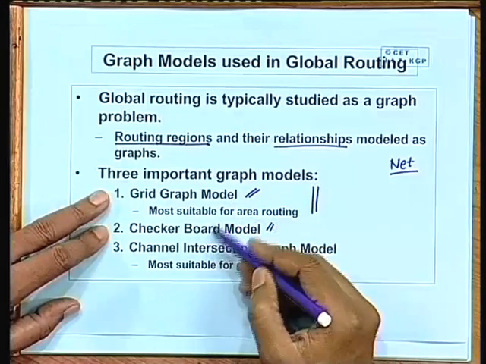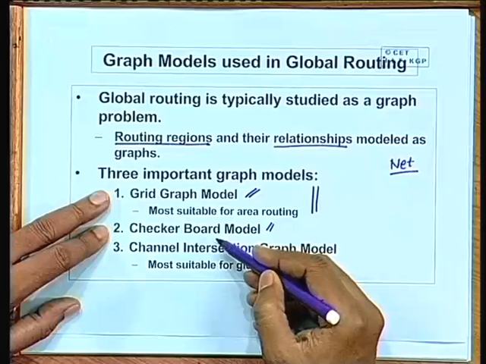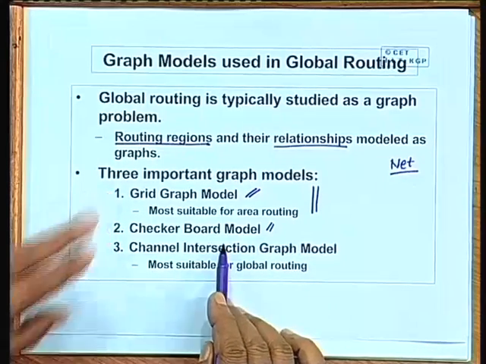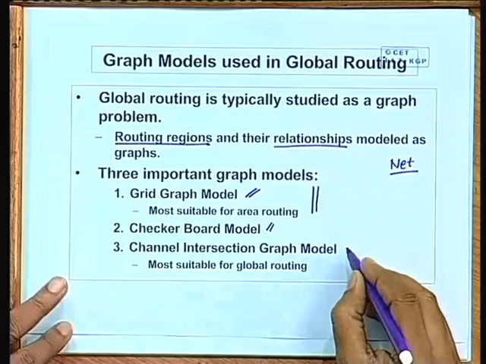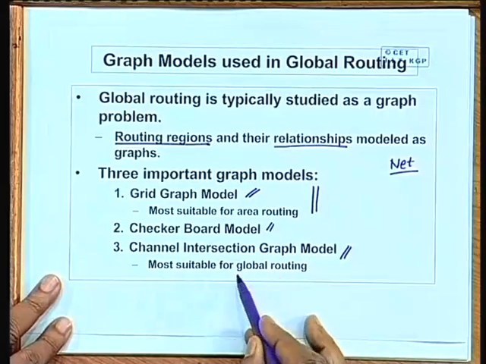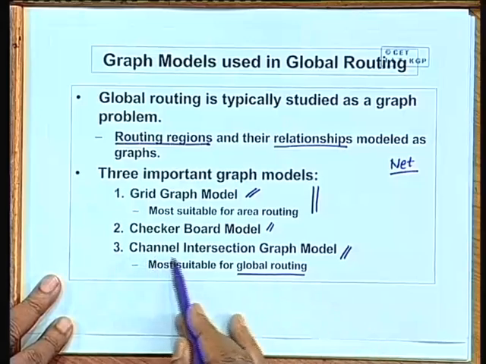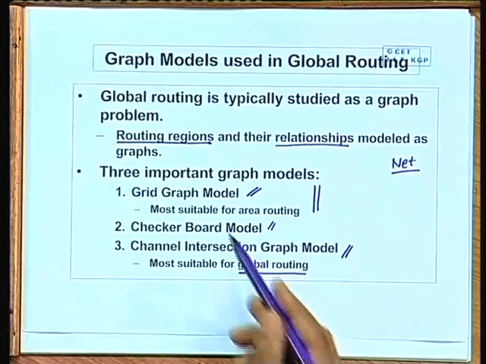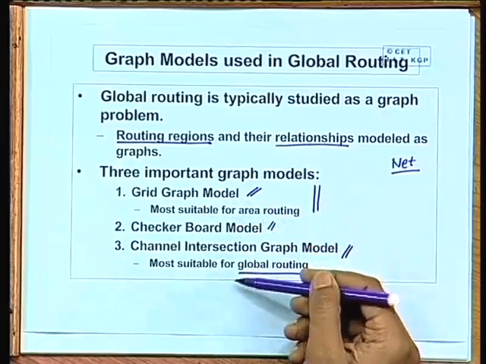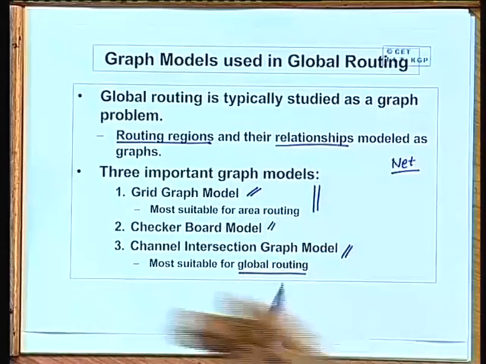You can also use some kind of coarse representation of the same to reduce memory. You get something called the checkerboard model, we will see this. And finally, the model which is used most widely for global routing, that is something called the channel intersection graph. So, let us see these different models and how they can be used for the purpose of global routing.